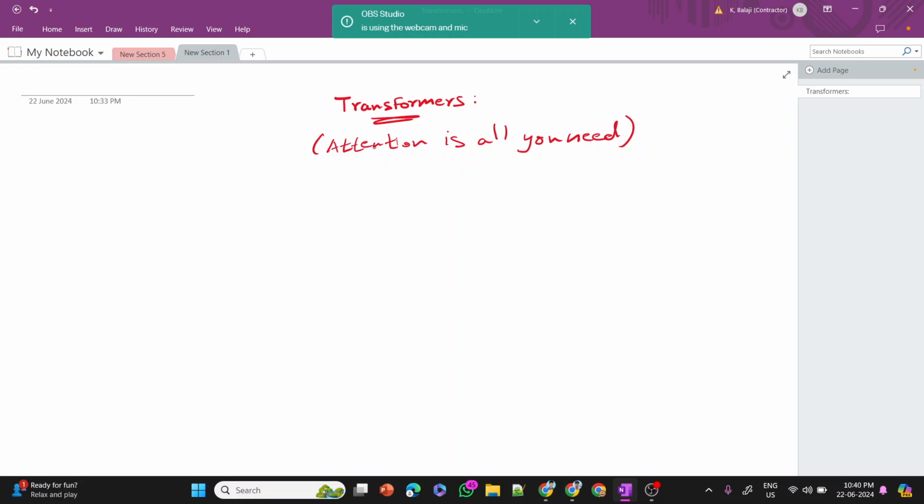By using that, we can do some NLP tasks. Let's take the transformer as a black box. As a black box, we do not know what is inside the transformer.